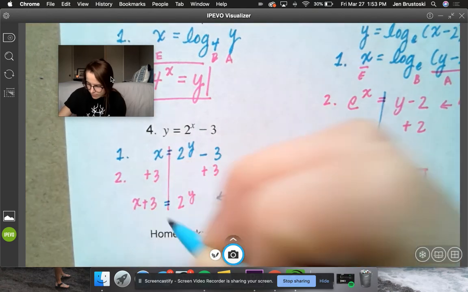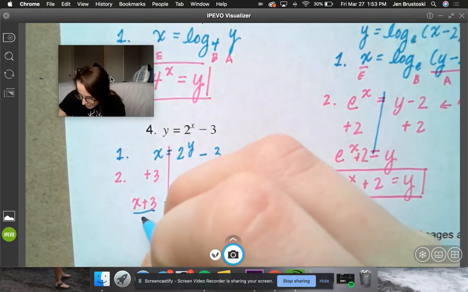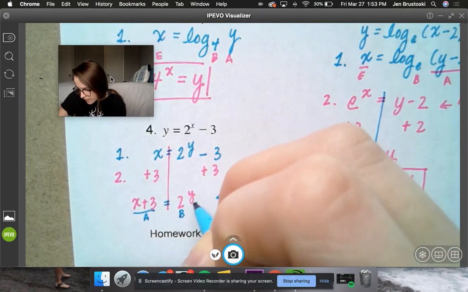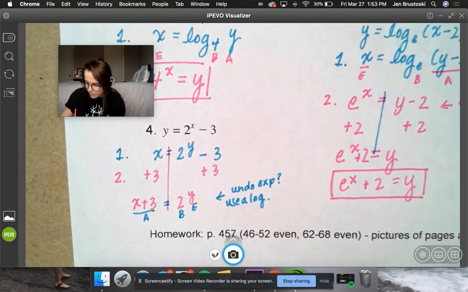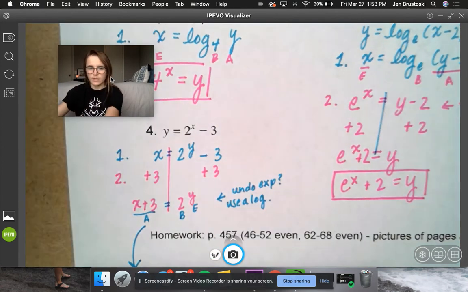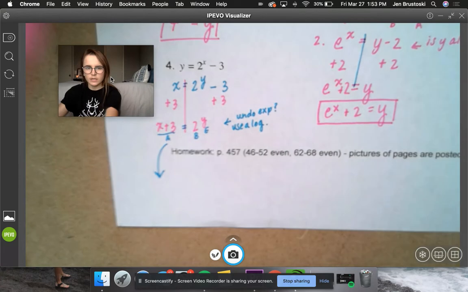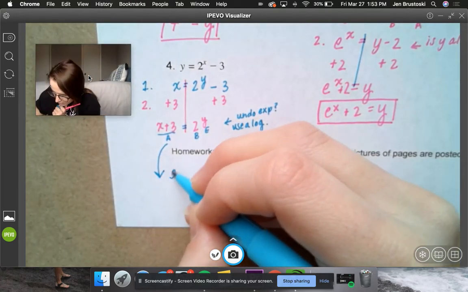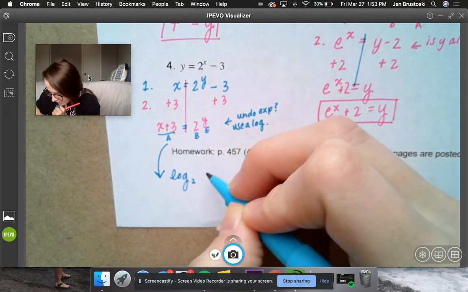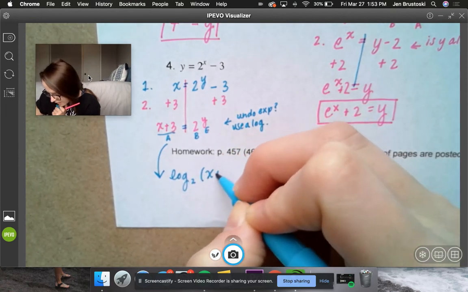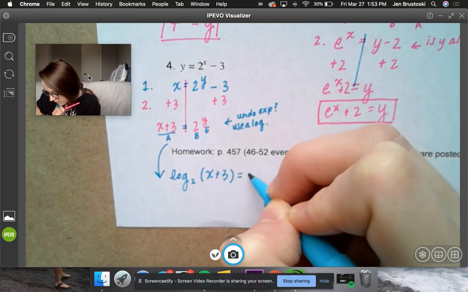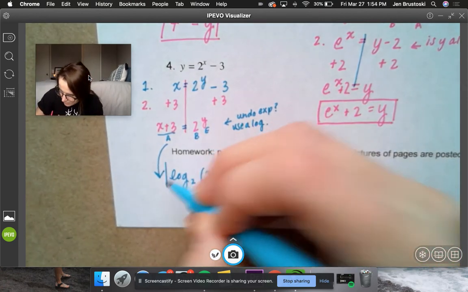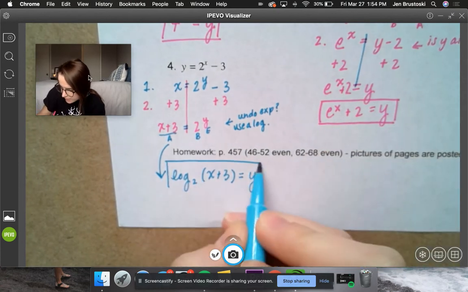So this right here is my whole A. This is B and E. So I end up with log base B of A equals E. Y is officially by itself, and so this right here is our answer.